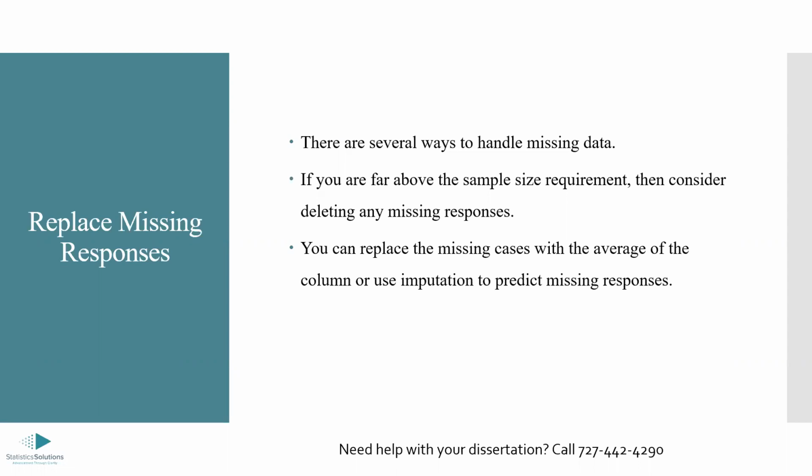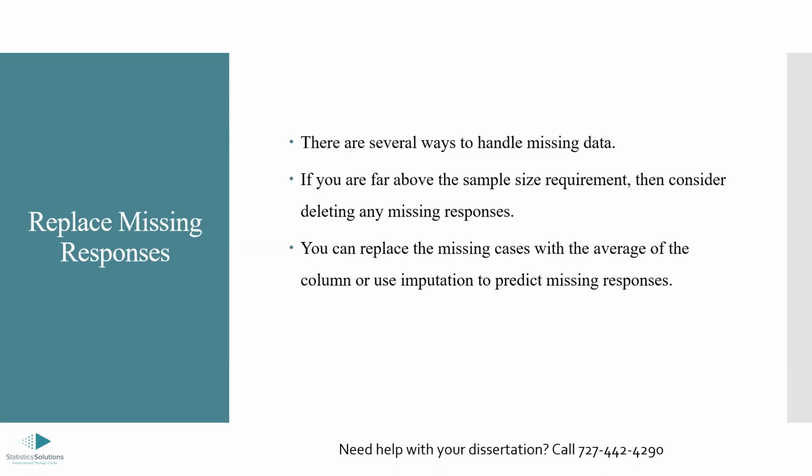You can also remove the people altogether. If you have a large enough sample size, if they missed responses, you can just take those people out. And the key thing there is if you're above the sample size required. If you have room to lose people, then I think that's an acceptable procedure.